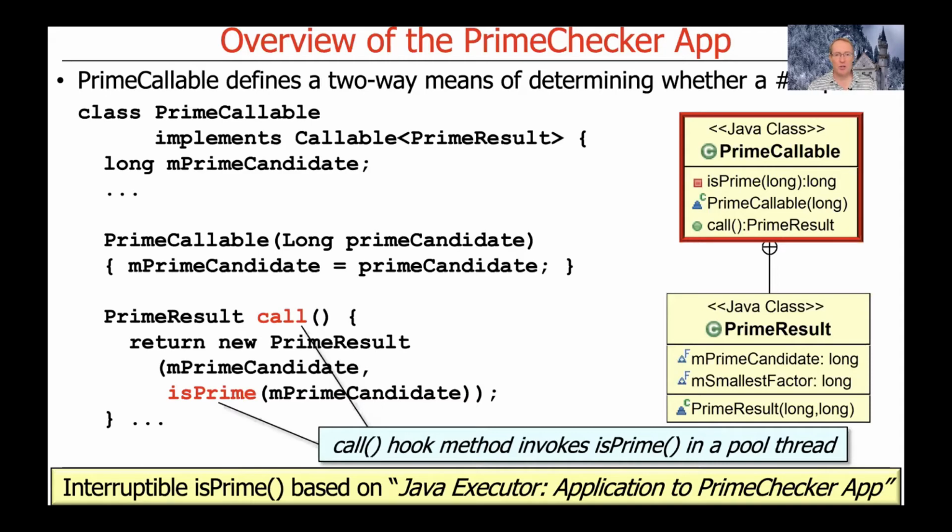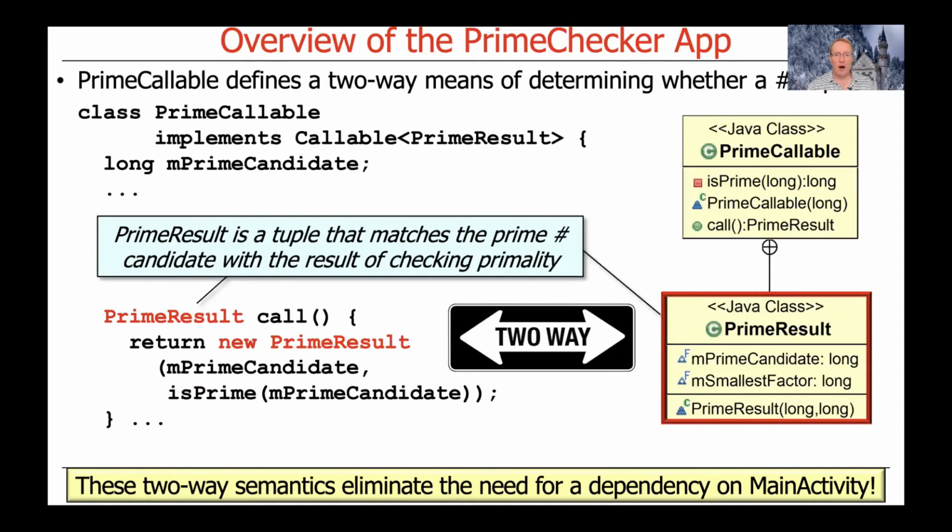And what it does is it returns a PrimeResult that will indicate the original number and whether that number is prime. If it is, the value's 0. Otherwise, it's going to contain its smallest factor as the second field in the PrimeResult object. So PrimeResult is basically just a little tuple that matches the prime number candidate with the results of checking the primality.